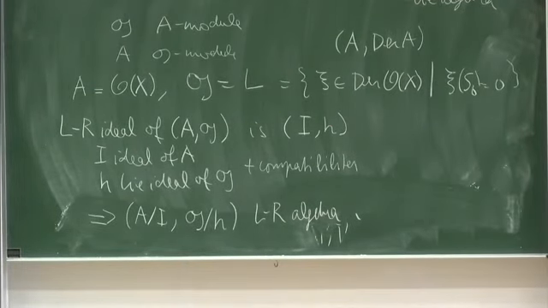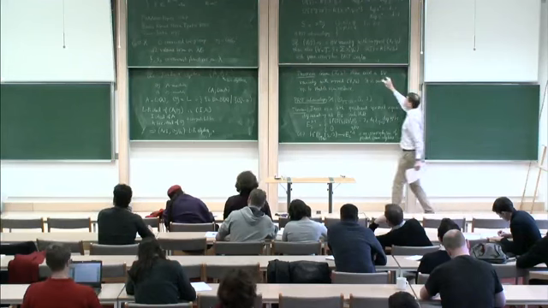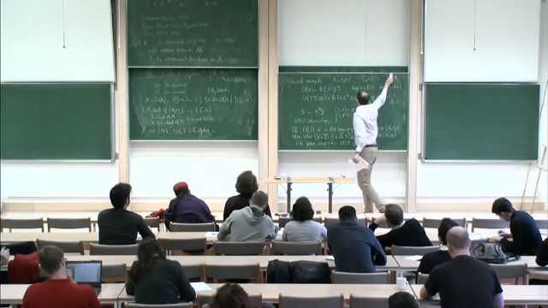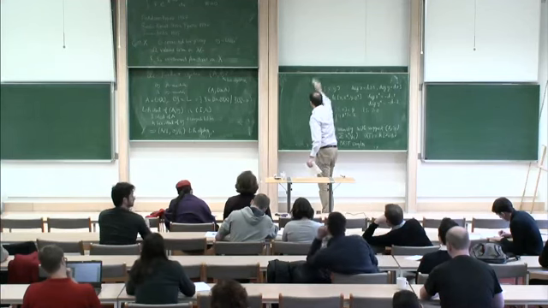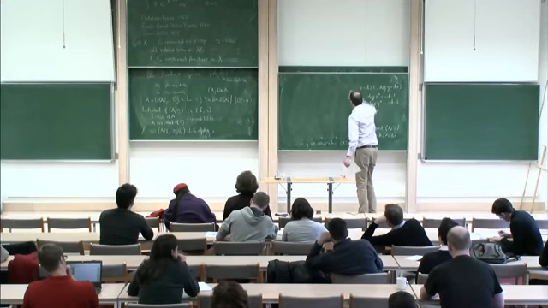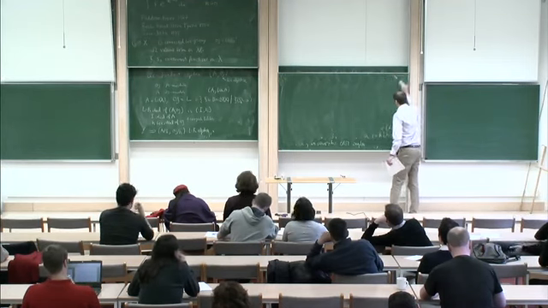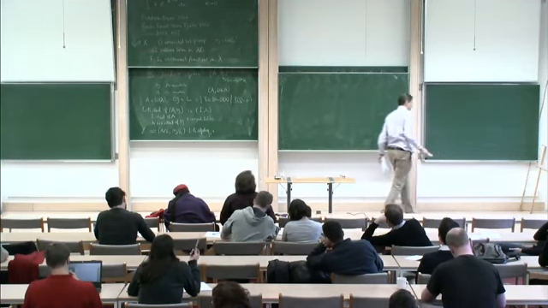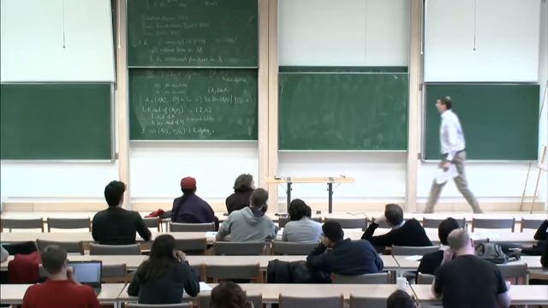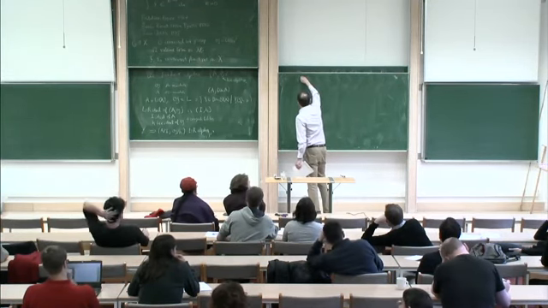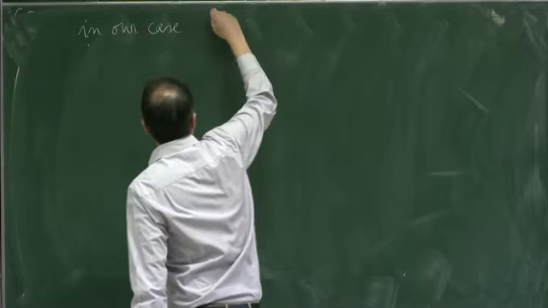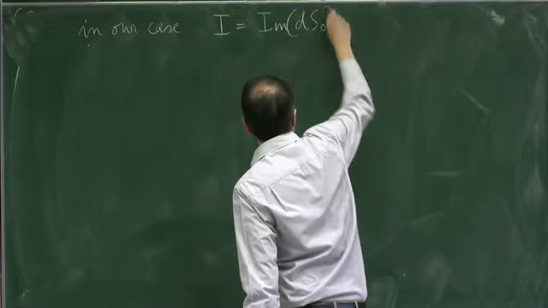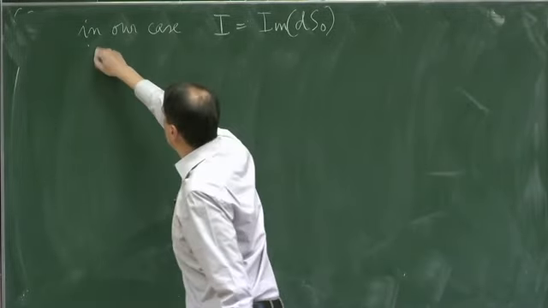And in our case, the ideal I will be the image of dS0, so the ideal generated by the partial derivatives. And L0 I will describe. So in our case, I and L0 are kind of stupid symmetries.